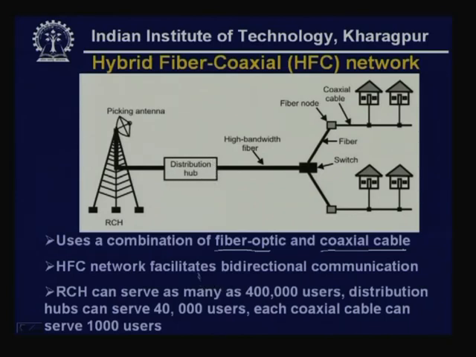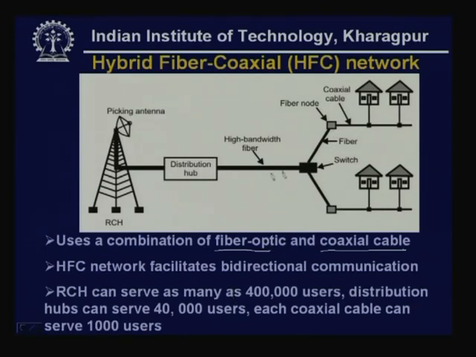From the distribution hubs to the fiber node, it is essentially optical fiber. You can see here in between there are switches, and from the fiber node it is essentially coaxial cable. So, we find that ultimately to the user premises it is nothing but coaxial cable, but in between from the distribution hub to the fiber node it is the optical fiber.